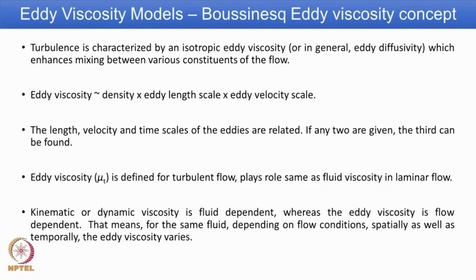That means, for the same fluid, for example, water you are dealing, depending on the flow condition, it may be varying spatially as well as temporally, whereas the dynamic viscosity or kinematic viscosity is fixed for that same fluid for the same flow problem.